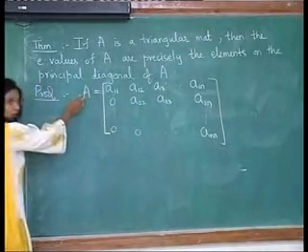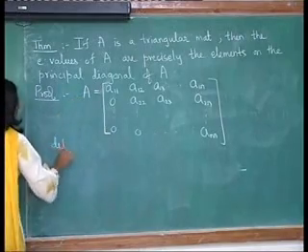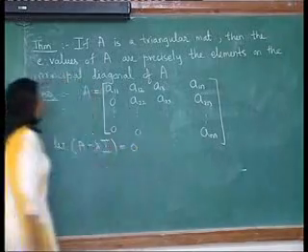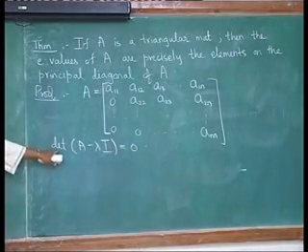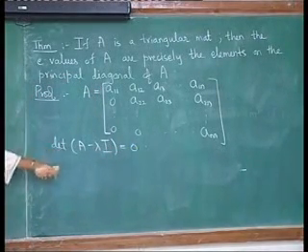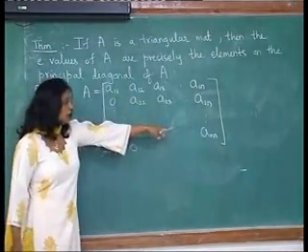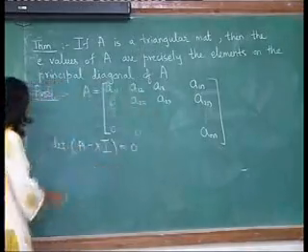The characteristic equation of A will be the determinant of A minus lambda I equal to 0. And I told you a very easy method of going to this equation directly. All you have to do is subtract lambda from every element along the diagonal and then take the determinant.